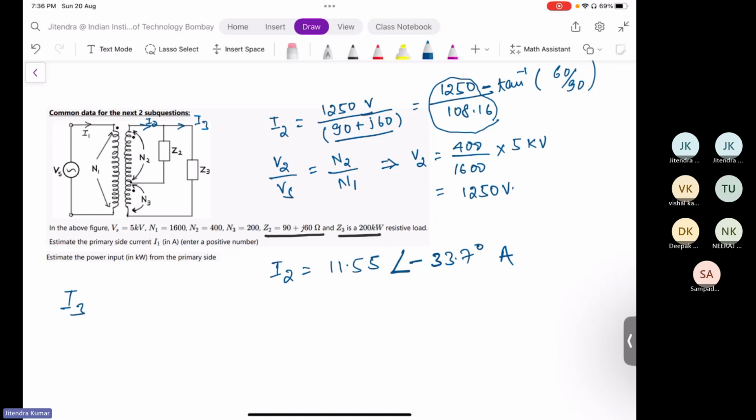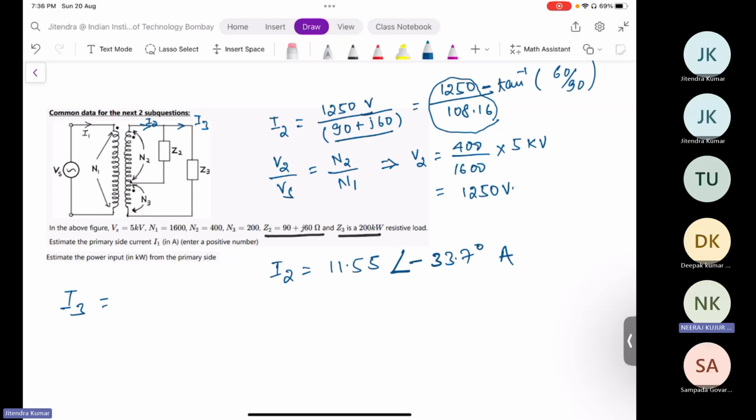Okay, so coming to I3. How to compute I3? Any guess? Sir, we can calculate the rated current of the second winding, then subtract I2 from it.